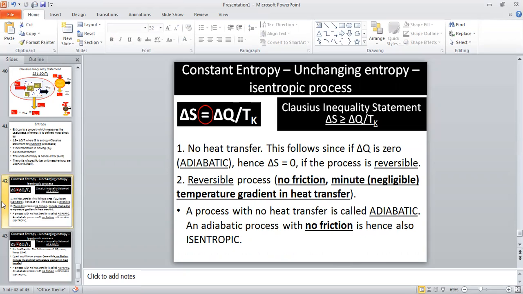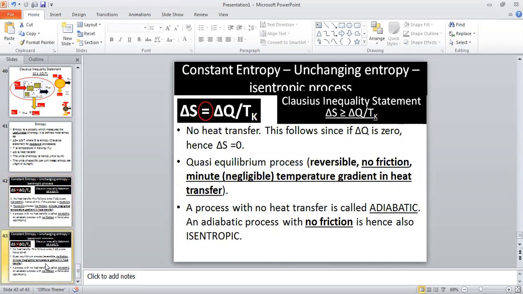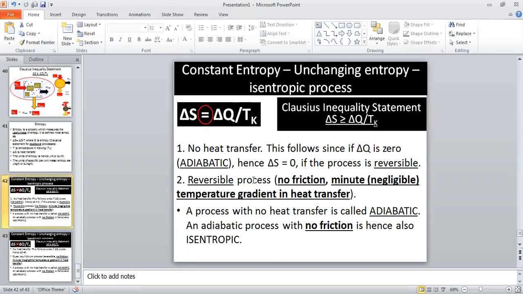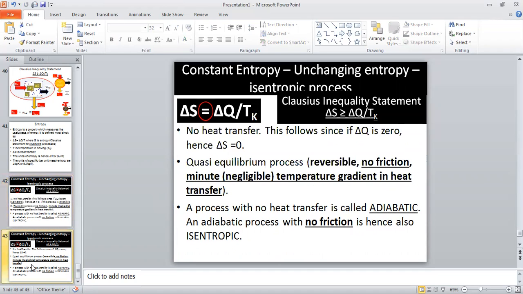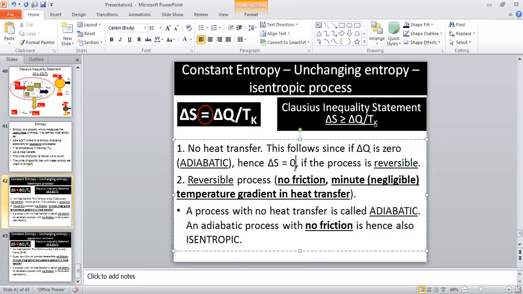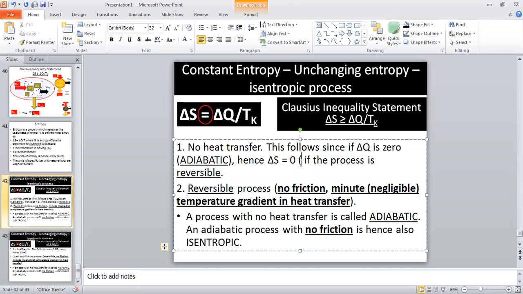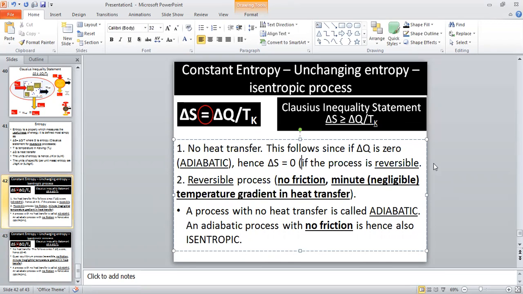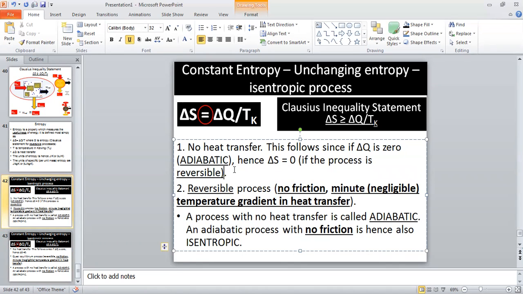So I will. This is, yes. Delta S equals 0 if the process is reversible. Okay.